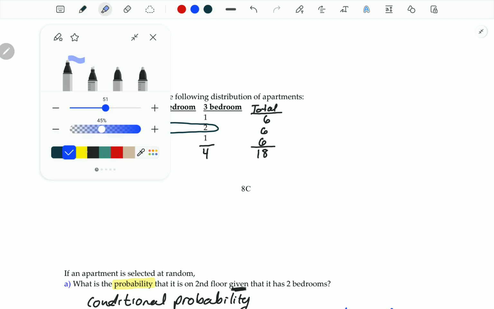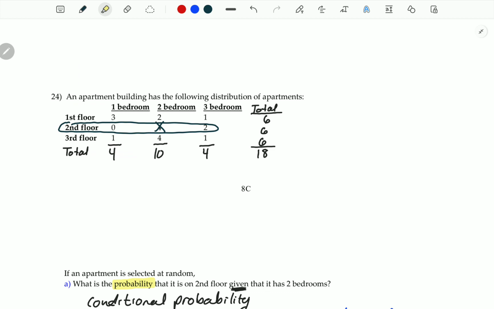Because it's not a 2-bedroom on the second floor, that means it could be a 1-bedroom on the second floor or a 3-bedroom apartment on the second floor. When I add those 2 together, that is going to be 2 apartments on the second floor that are not 2 bedrooms.